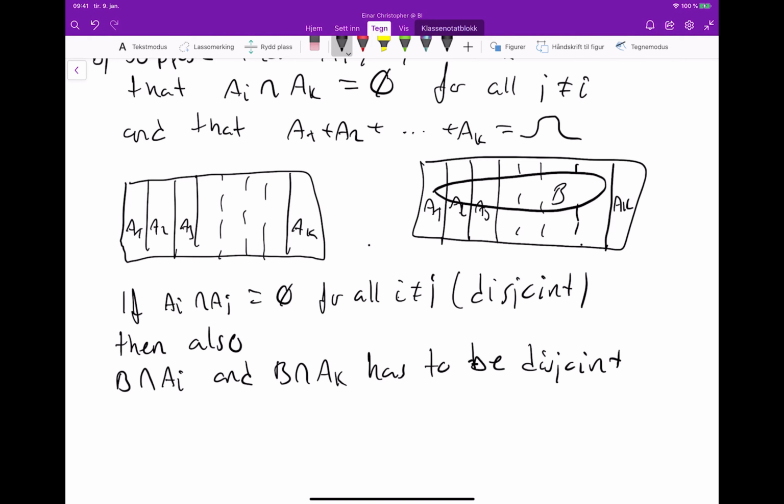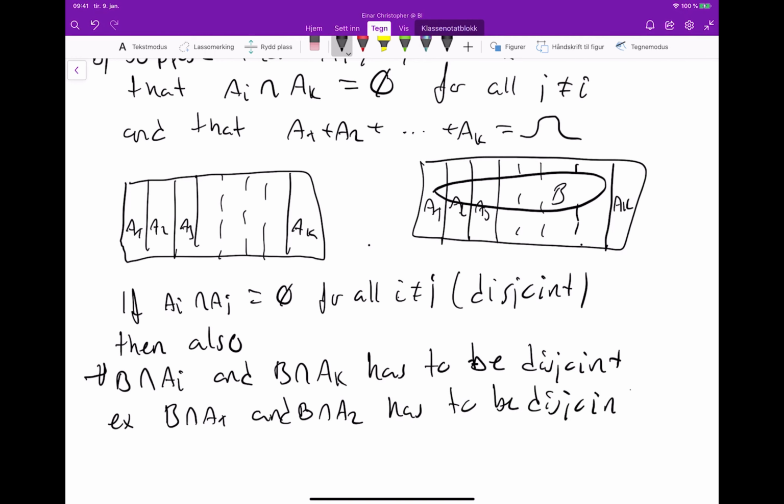So now let's visualize this one. For example, B and A1 and B and A2 has to be disjoint.